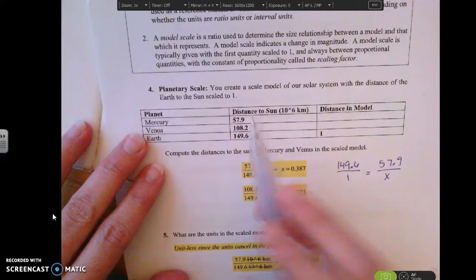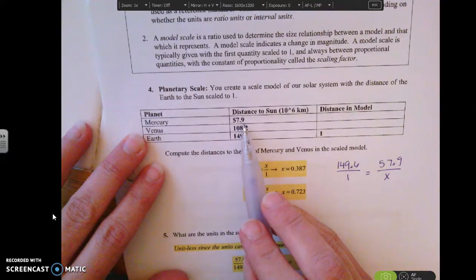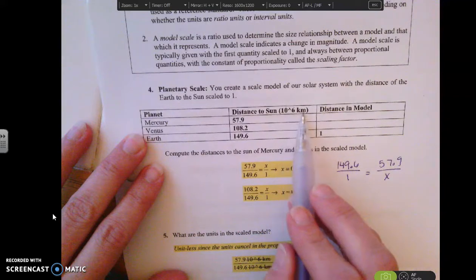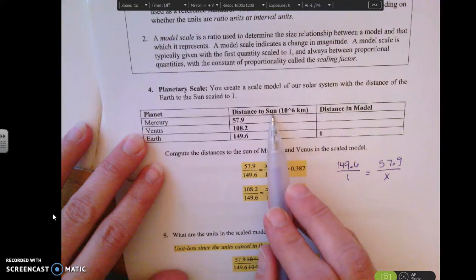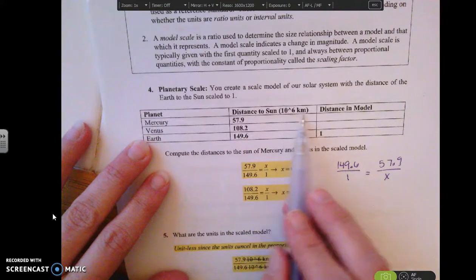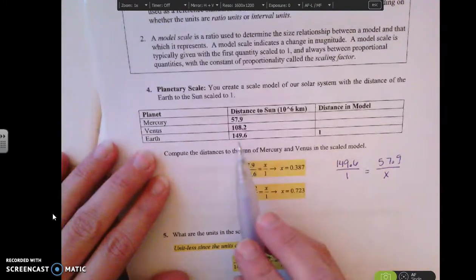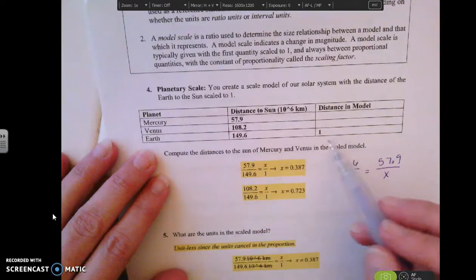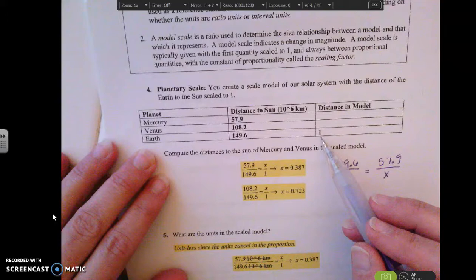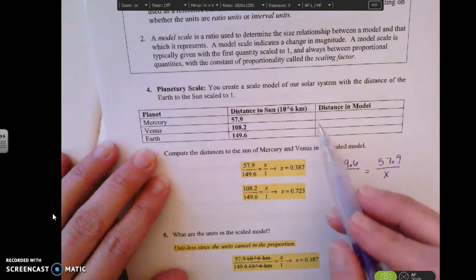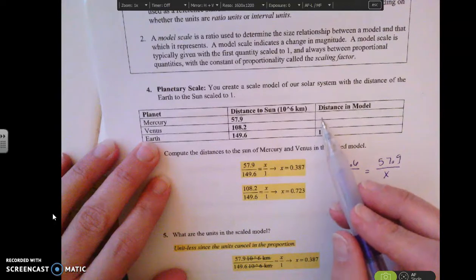So they're telling us that Mercury is 57.9 million kilometers from the Sun, and Venus is 108.2 million kilometers from the Sun, and the Earth is 149.6 million kilometers. So if I wanted to create a model that was realistic, I'm going to set the Earth to 1, and I want to know what would I have to set Venus to and Mercury to.